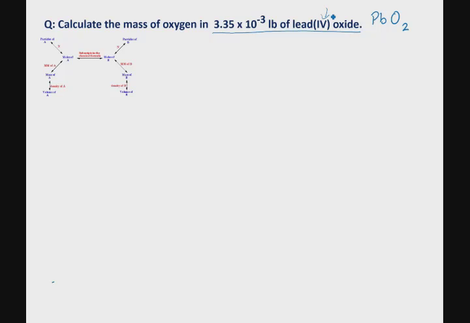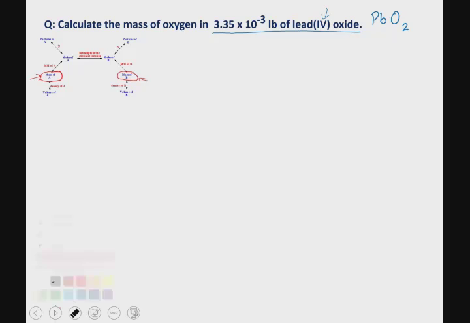In other words, in this problem we are given the mass of compound A, which is PbO2. They're asking us to calculate the mass of oxygen in this compound. In other words, they're asking us to calculate mass of B, where B is the oxygen in PbO2. So this is our starting point, and this is our destination point.